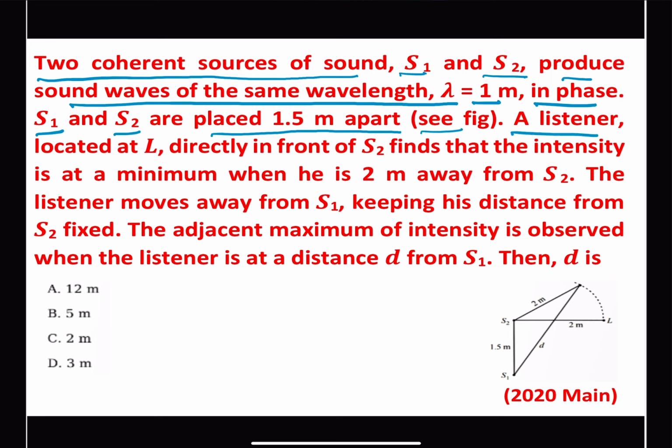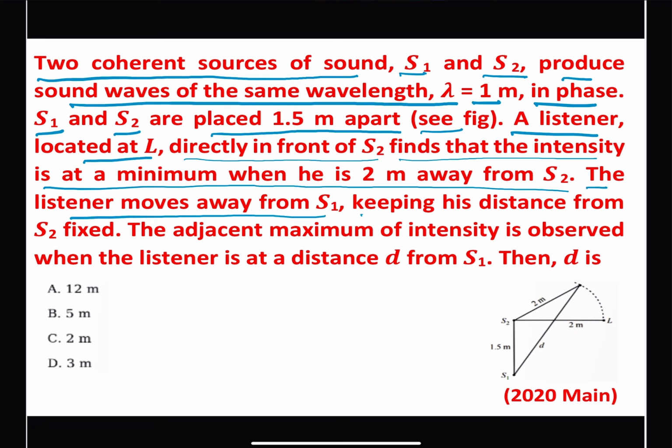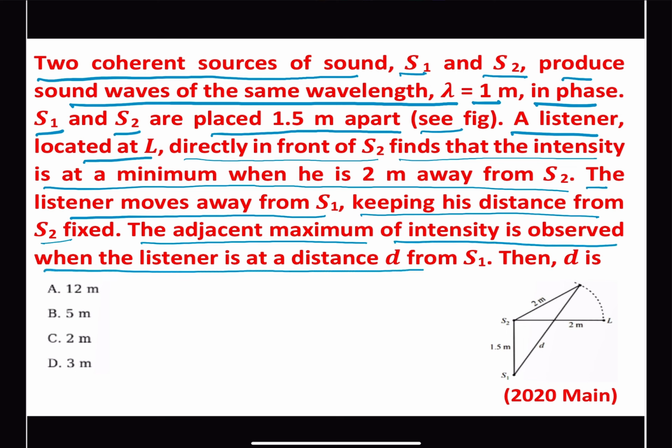A listener located at L directly in front of S2 finds that the intensity is at the minimum when he is 2 meter away from S2. The listener moves away from S1, keeping his distance from S2 fixed. The adjacent maxima of intensity is observed when the listener is at a distance of D from S1. Then the value of D is.